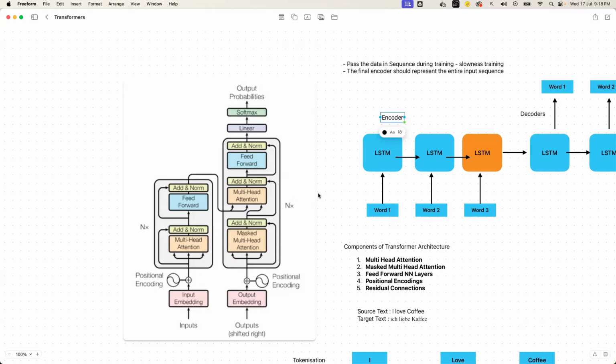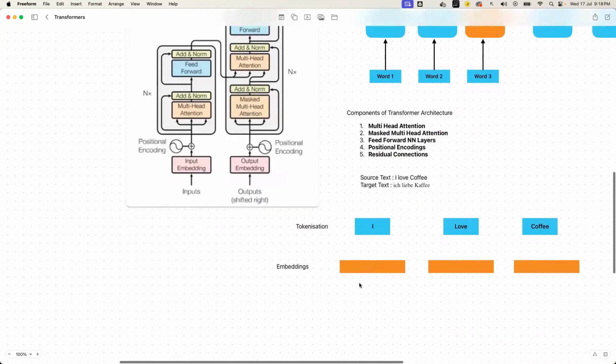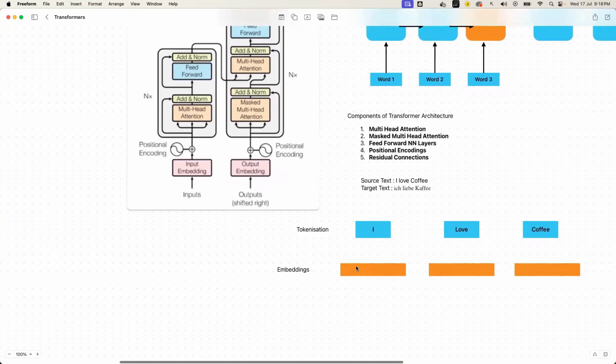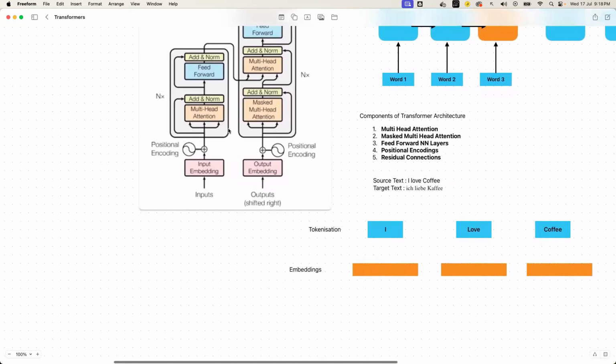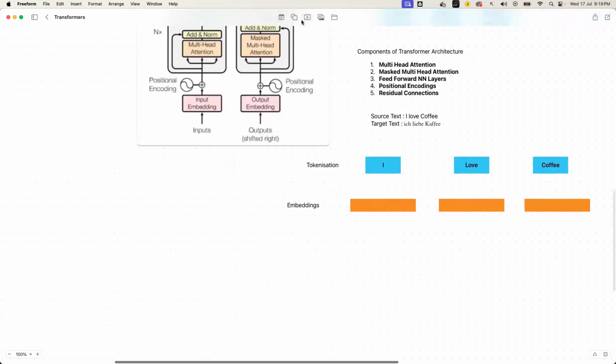That's the case of this encoder decoder architecture. So whatever embeddings I've got, I'll be sending to our encoder. Inside this encoder, we have a positional embedding. We'll come to that very shortly. But the important thing you need to understand is multi-head attention. We'll start with something called self-attention.